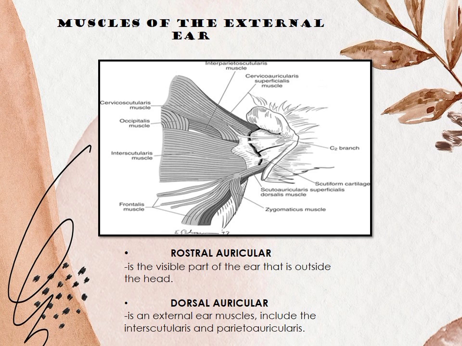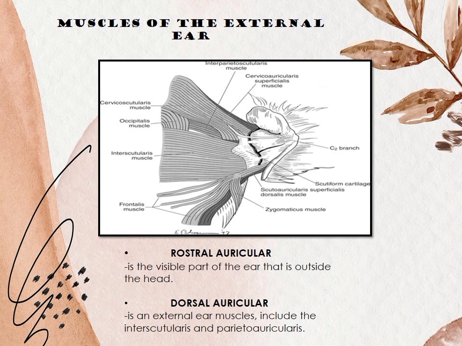And this rostral group or rostral auricular consists of fronto-scutularis, scutulo-auricularis superficialis, scutulo-auricularis medialis, and scutulo-auricularis dorsalis.